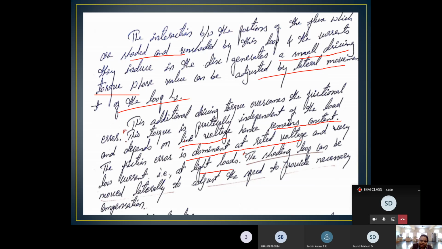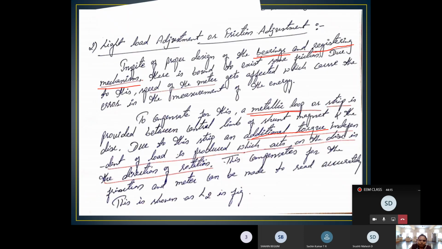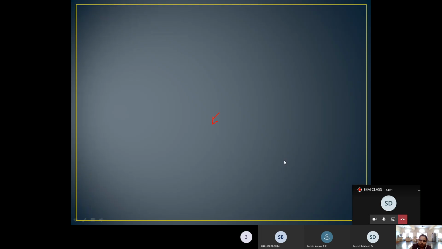The shading loop can be moved laterally to adjust the speed to provide the necessary compensation. If it is a heavy load, it should rotate at a faster rate. If it is a light load, a small current is more than enough. I can adjust that by using the shading loop. This is our topic, that is, light load adjustment or friction adjustment.